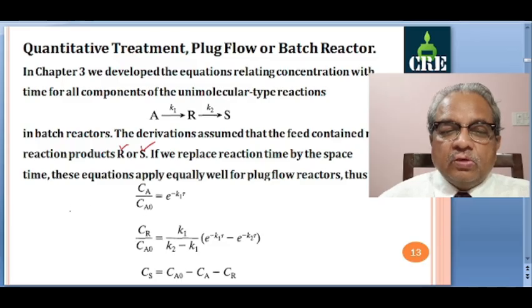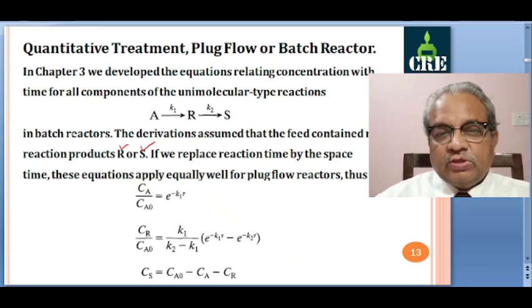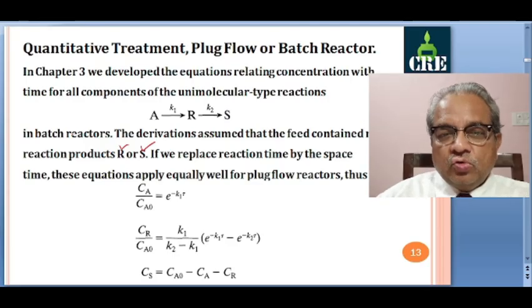These were derived for batch reactor earlier, and now just replacing t by tau, these are the results. You have to derive all the steps, same derivations, you have to do it again. So do it once again.